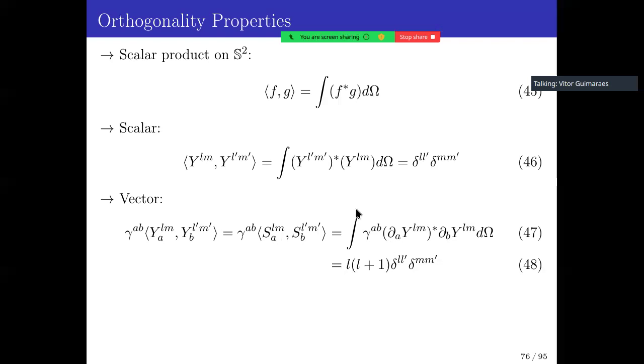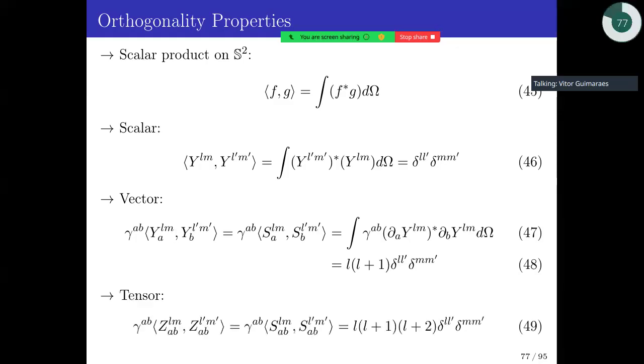In such a way that when you take the derivative over the two-sphere, this renders this expression here, which is basically L times L plus 1, and the Kronecker deltas here, right? Which will be 0 for everything unless the L's and L primes are equal and the M's and M primes are equal.